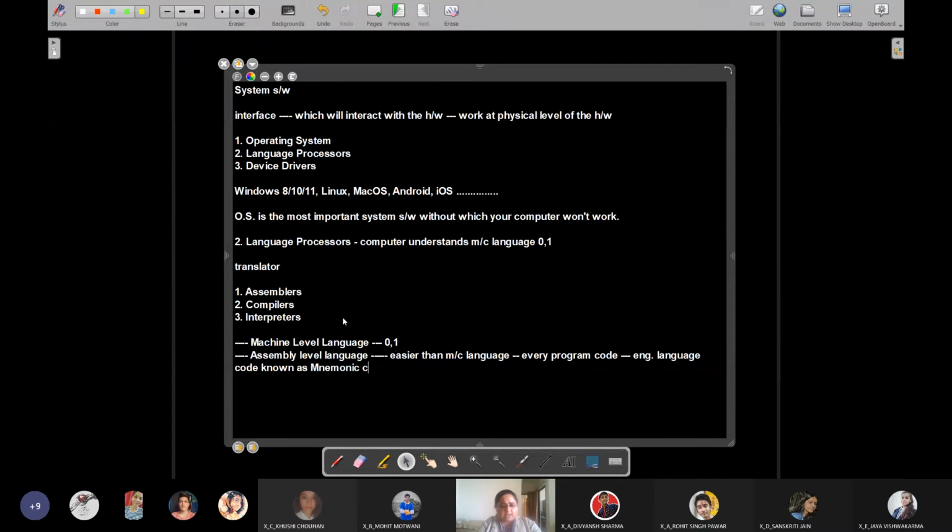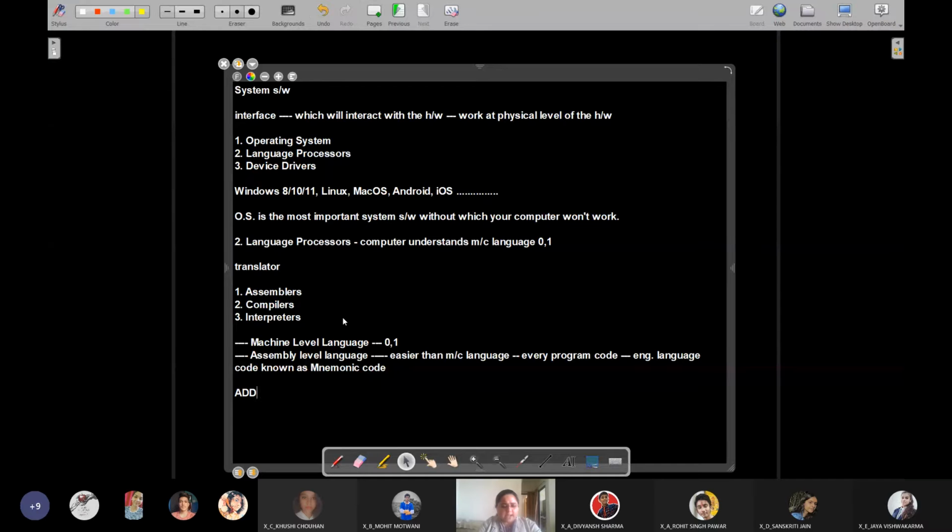For example, we started having codes like add, sub, MUL for multiplication, DIV for division, load, store. These were short words which were quite comprehensible. Now it was easier to understand, because each of these words also corresponded to binary language.